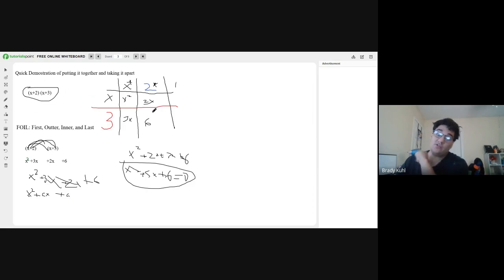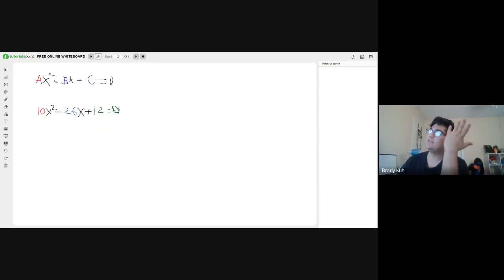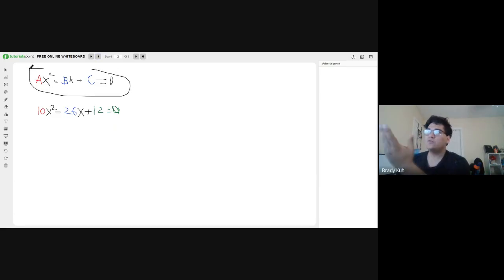Now, there are two ways of taking this apart. I'm going to do it on another board because I'm speedrunning this. You get formulas like this. The first way to take it apart would be the quadratic formula.